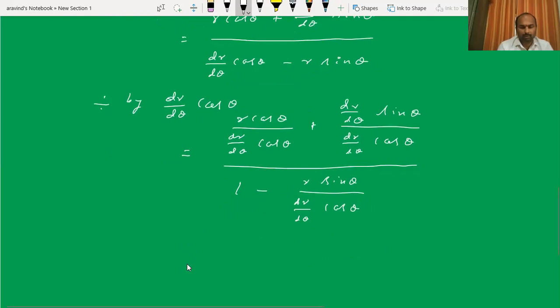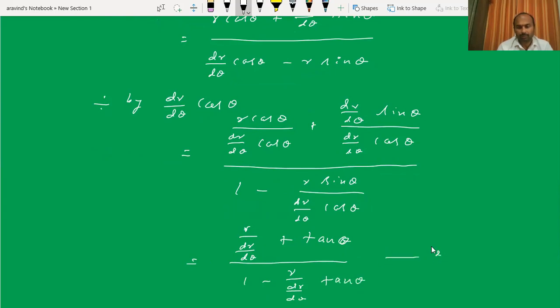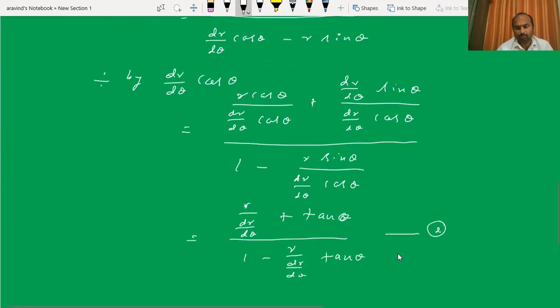So this I'll write as r by dr by d theta, and in the second term dr by d theta gets cancelled, we'll get tan theta, divided by 1 minus r by dr by d theta into tan theta. You take this as equation 2.